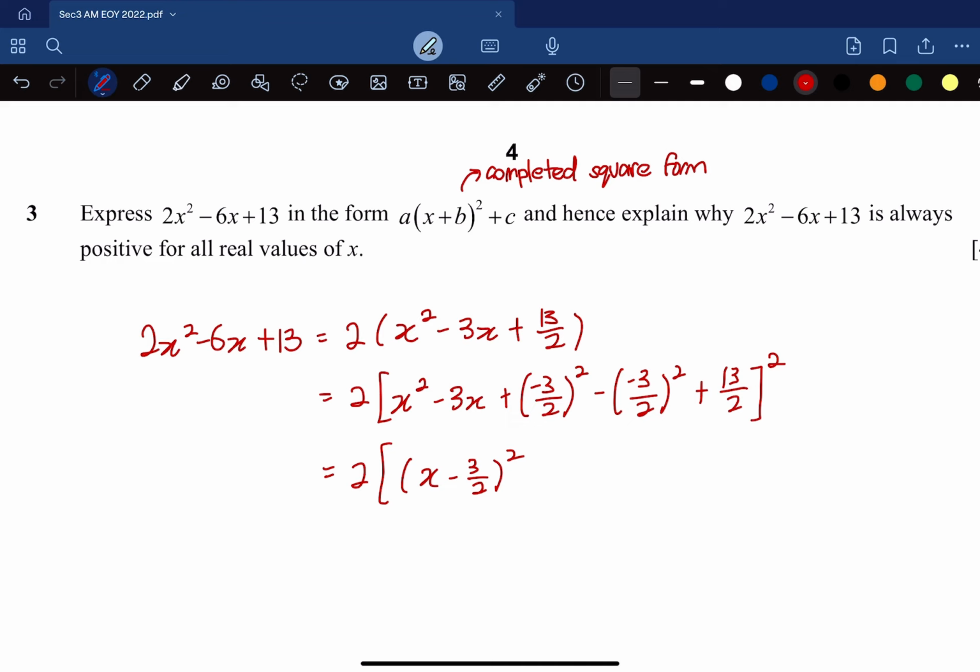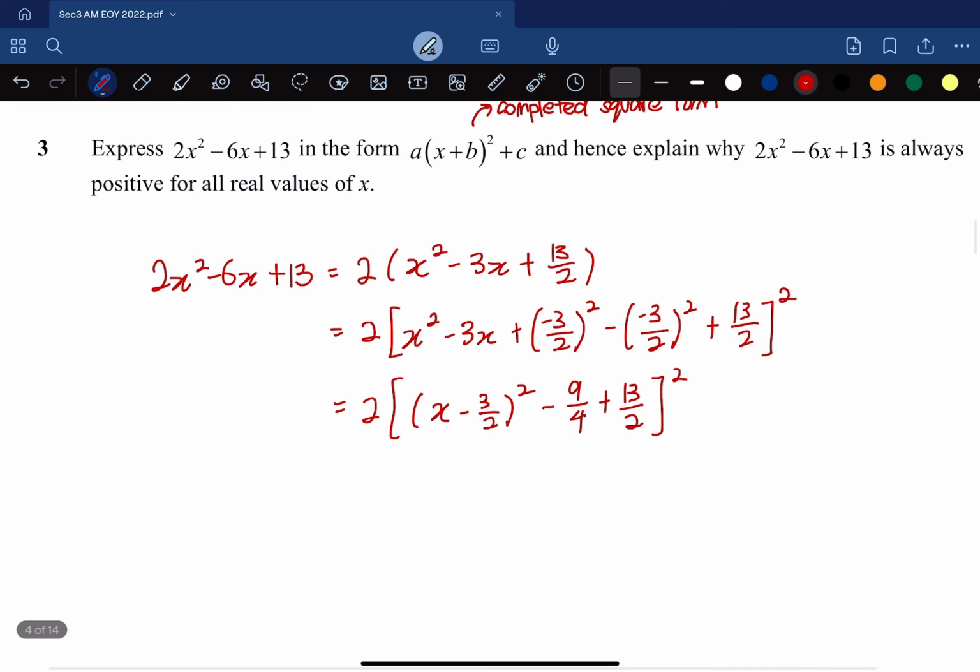Then I can simplify this even further. Over here, negative 3/2 squared, I will get negative 9/4 plus 13/2.